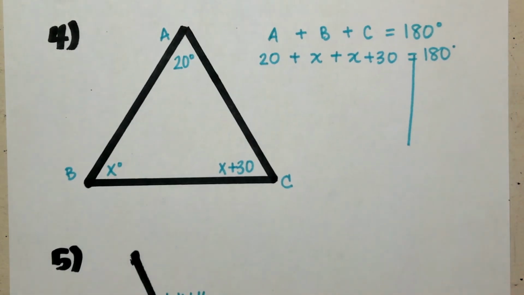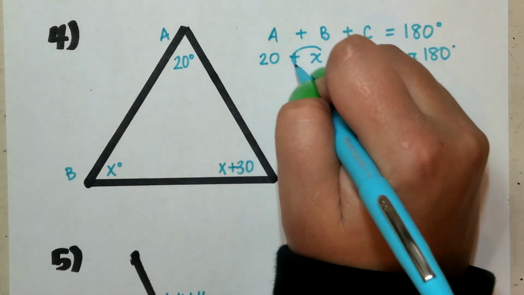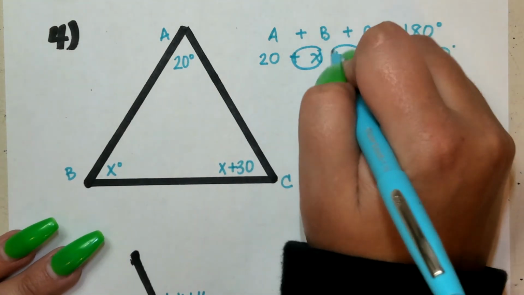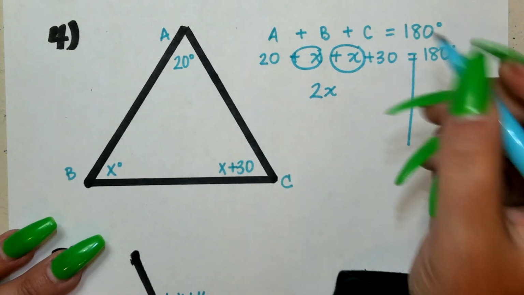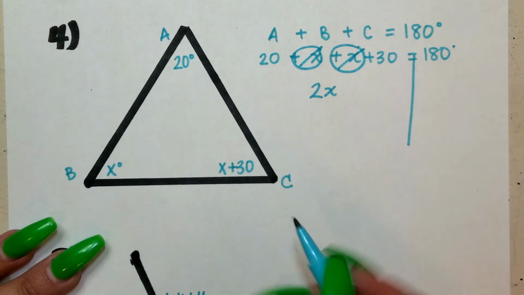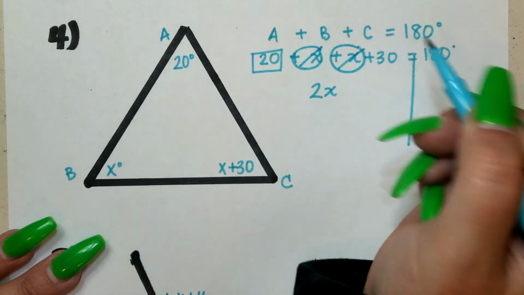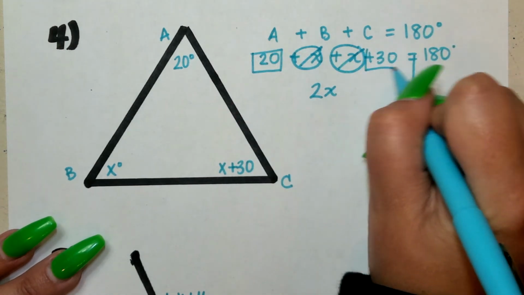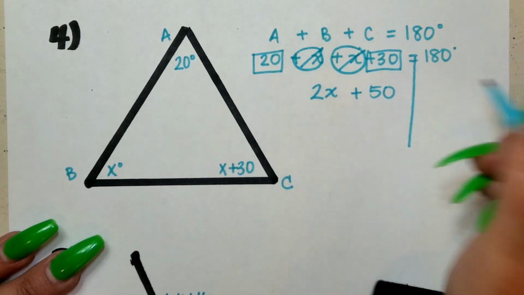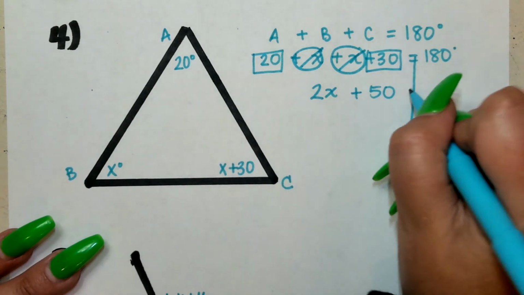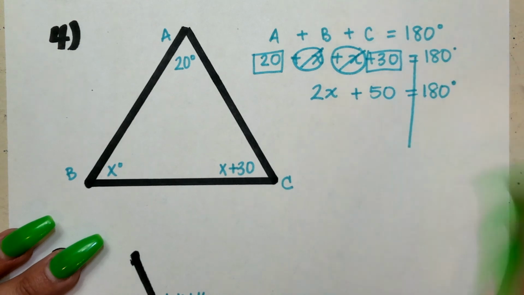First, I want to combine like terms. I have positive X and another positive X, which is 2X, and I can cross these off. Then I have a positive 20 and a positive 30. So 20 plus 30 is 50. Equals 180.